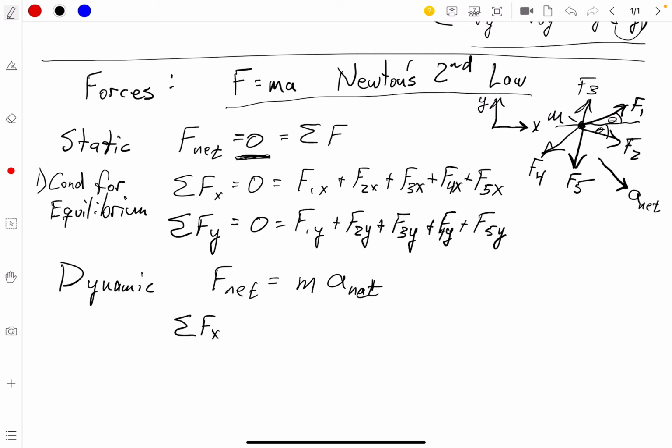Then we're going to be doing the sum of the forces in the x direction equals m times a net in the x direction. I'm just going to put ax here, okay? You can call it net ax. You can call it whatever you want. But that's going to be equal to all the same things that we did before up above. This dot, dot, dot just represents 2, 3, 4. Makes it easier to write out. And you do it for the y direction.